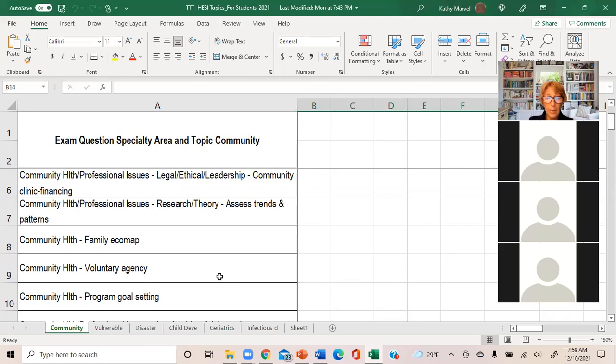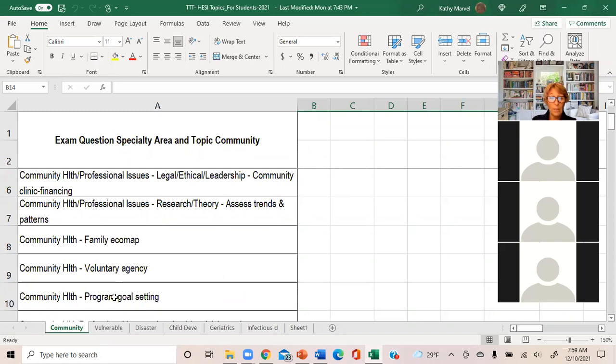The other thing I was thinking about program goal setting is being presented a scenario, because a lot of what you're doing now, Kaplan, NCLEX, HESI, you're being presented scenarios, correct? And you have to be able to think through those scenarios.